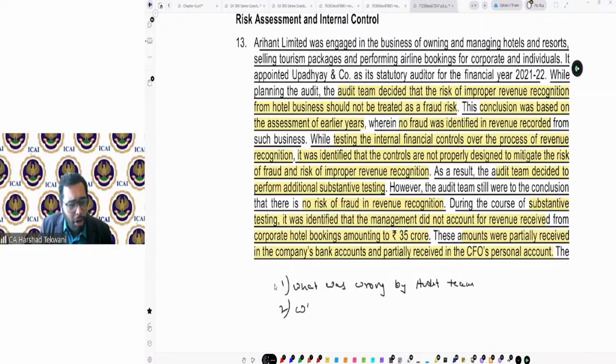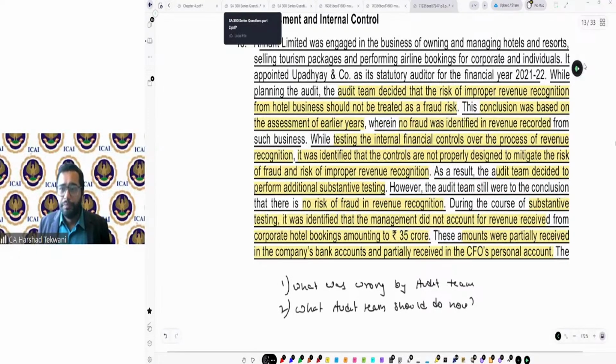Second, what should the audit team do now? If you can answer these two questions, you are already answering the required answer for the question. Come on, guys.